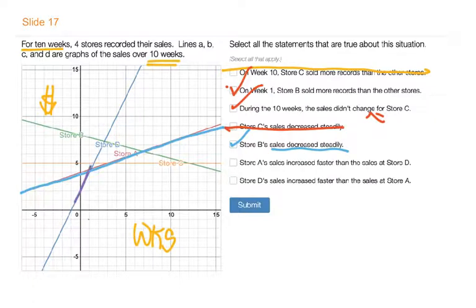Here's D. No, that's not true. Store A's graph is flatter than store D's, so this is not true. Store D's sales increase faster than the sales of store A. Yep, steeper, definitely. All right, so when you hit submit, that should all be correct.